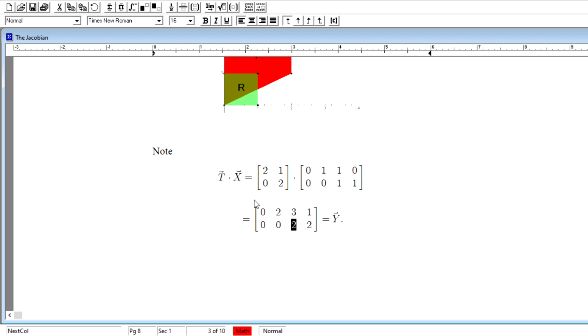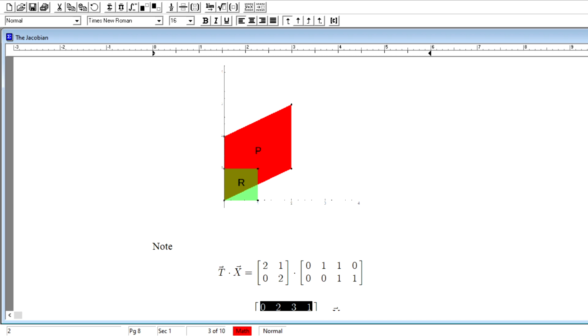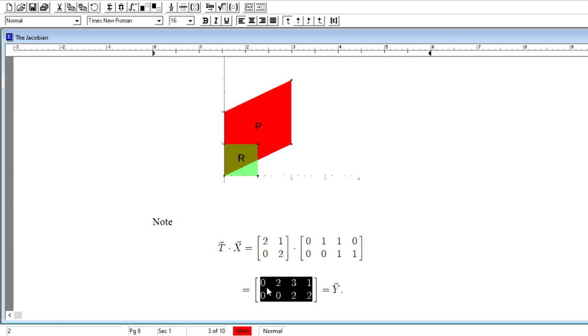And what that produces is what we call Y. These points in Y are describing the vertices of region P. And go back and note those vertices. 0, 0 is this vertex right there. So that vertex in X does not change its location at all.